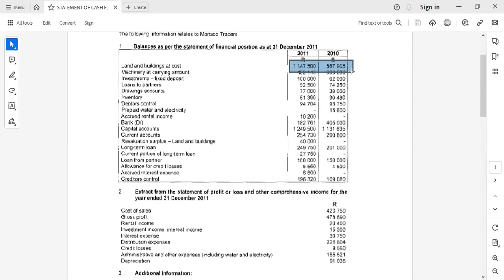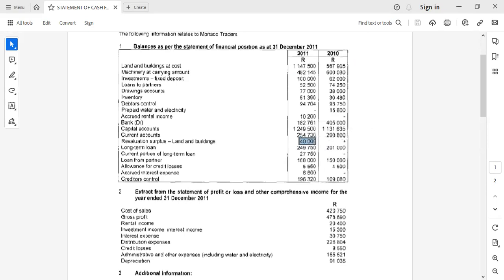So that's an increase there. From that increase, we should take out the one due to revaluation, which is the 40,000. If you can see, our revaluation was 0 here, then it became 40. That means the revaluation was 40.